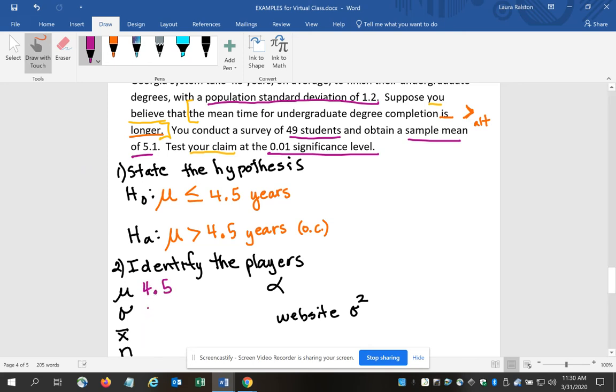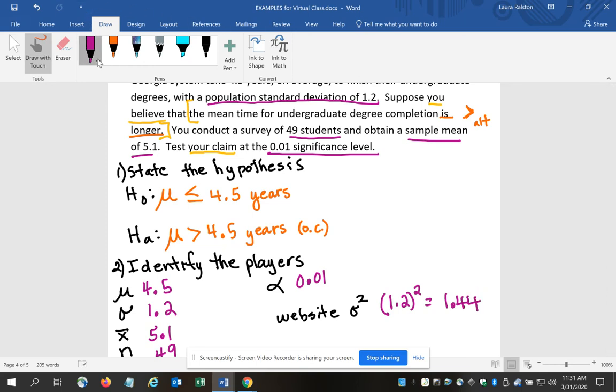My population standard deviation is given as 1.2. The sample mean was 5.1 for 49 students, and we used a 0.01 significance level. I need to find the variance, so we need to do 1.2 squared. So we do 1.2 times 1.2, which gives me 1.44.